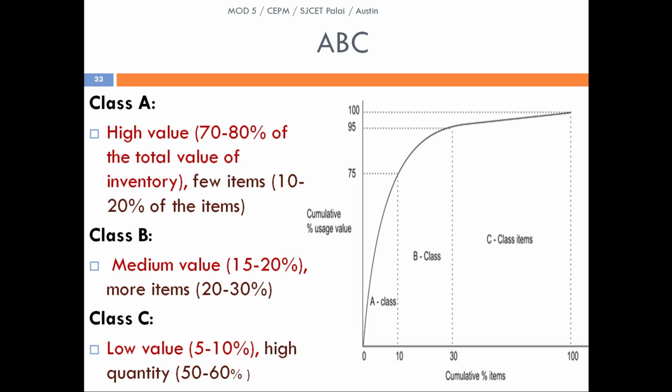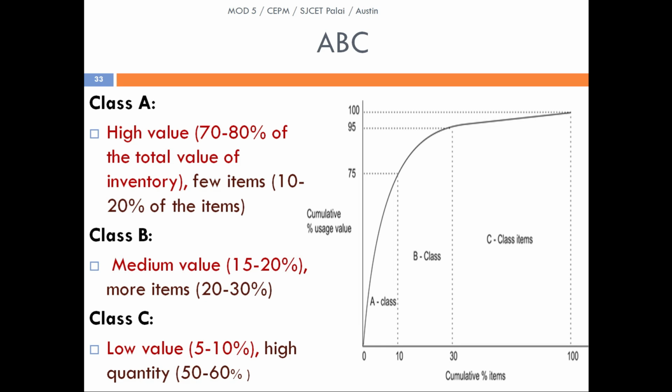As class A suggests, from 0 to 10% of items account for about 75% of the total usage value. The value can be a bit to the left or right, but generally speaking, class A is being explained here. You can see that 10% of the items represent 75% of the total value.